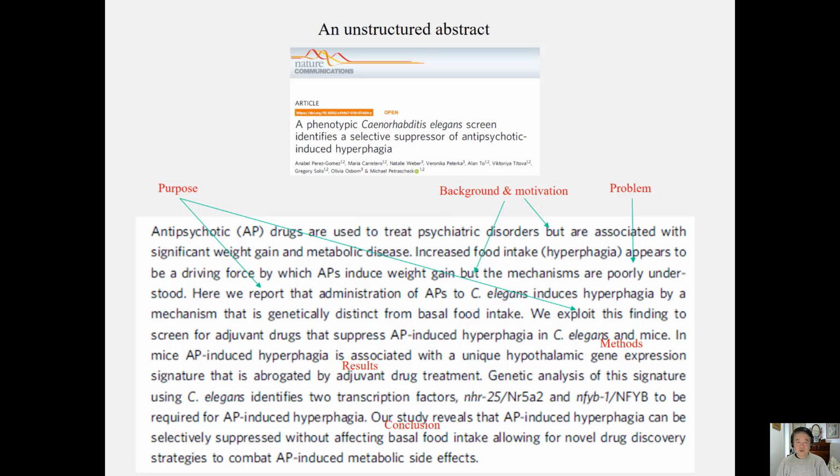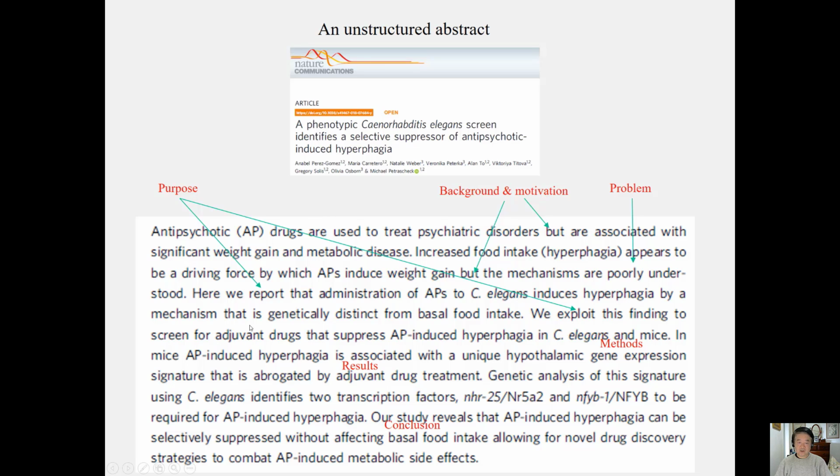Then they lead to the purpose of this study. Here we report: this is the purpose, or you can change it to the aim, saying this project aimed to investigate this and this. But here the author has used report. Here we report the administration of antipsychotic drugs to C. elegans induces hyperphagia, and gives you the mechanism.